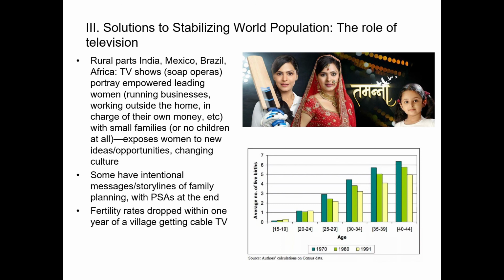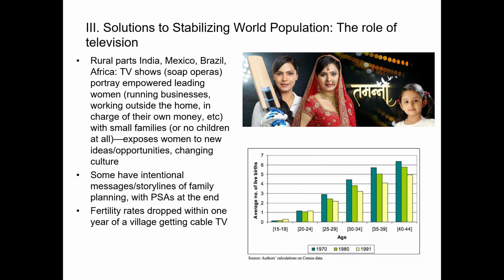But in Mexico, they actually purposely put in these types of kind of subversive messages to women because they were really having a problem with total fertility rate. The population in rural areas was exploding. And so they would make it a point to show these women with no children or with maybe one child with all of these wonderful things and glamour.